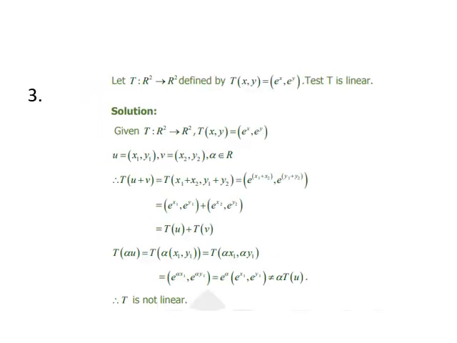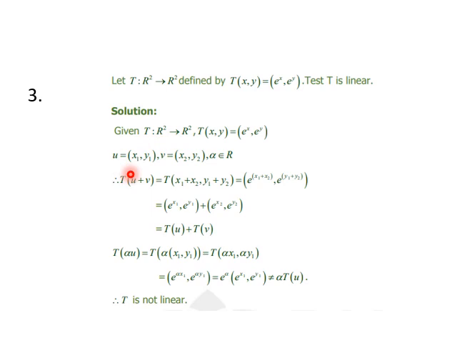Next one. T again defined from R squared to R squared. T(x,y) = (e^x, e^y), e power first component, e power second component. Again we are checking whether T is linear or not. Let me take u and v in R squared, two vectors from the first vector space.